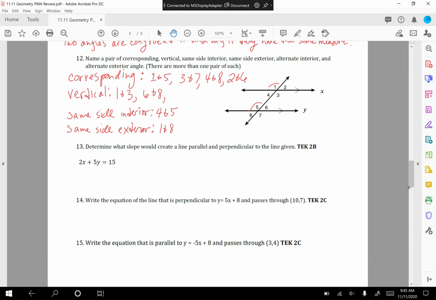1 and 8, okay. Now alternate interior: 4 and 6, right? Yeah.